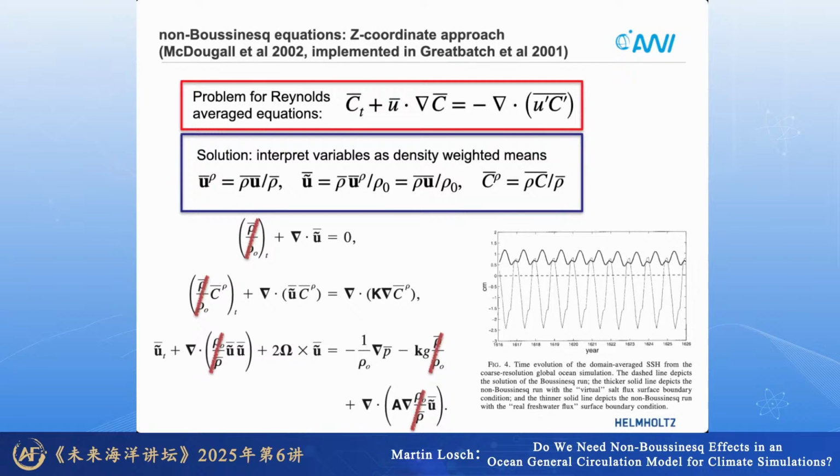So this is the Boussinesq effect. And you see the thin line is actually the freshwater, when you add real freshwater to these ocean models, and then you have, of course, a mass change, and this is then reflected in the mean sea level at a much higher amplitude. Okay.